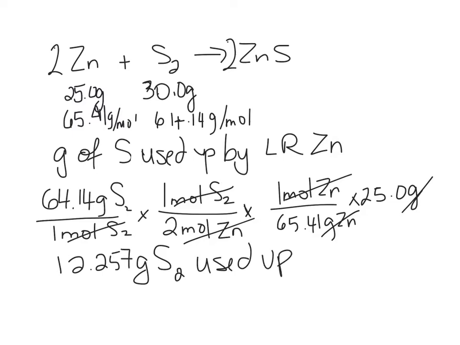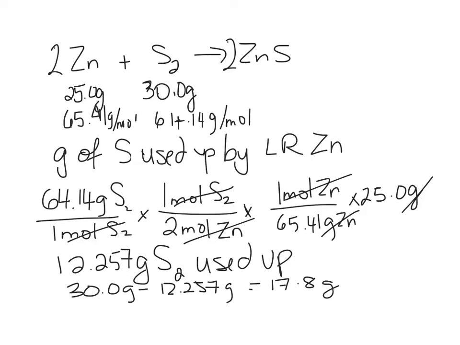We had 30 grams. So to figure out how much is left, we take our 30 and subtract the amount used. That will tell us how much is left over. So about 17.8 grams.